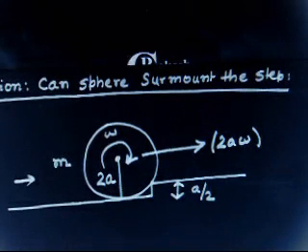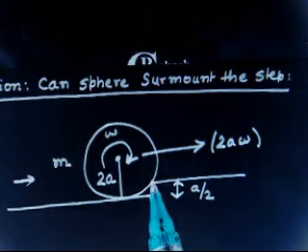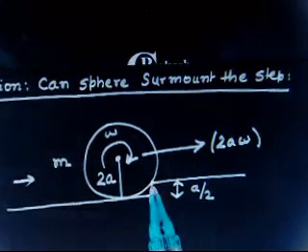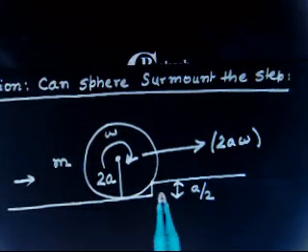If the edge of the step is rough enough to prevent slipping, so this is given to us. This says this edge has friction, so it's rough enough to prevent slipping. So there is no slipping at the point of contact, at the point where it is going to collide with this step.